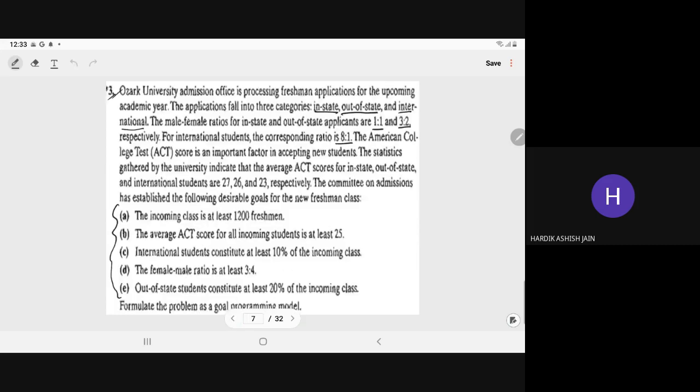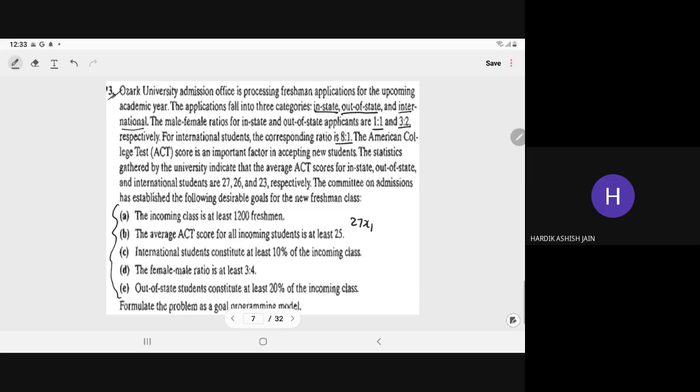Now, what is the second objective? The average ACT score of all the students is at least 25. So how do we compute the average? The average of in-state is 27, so the total score will be 27 times x1.